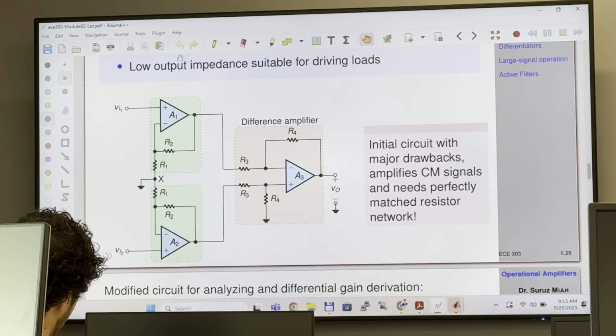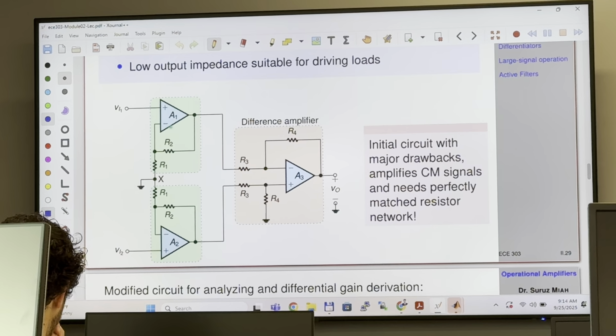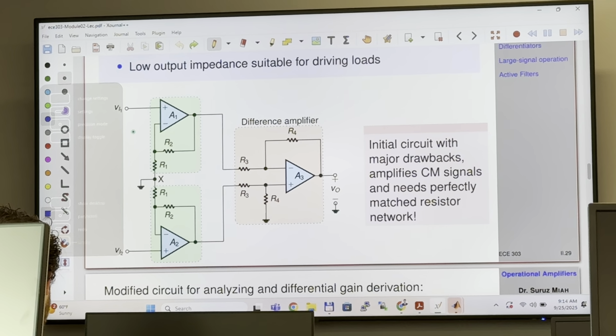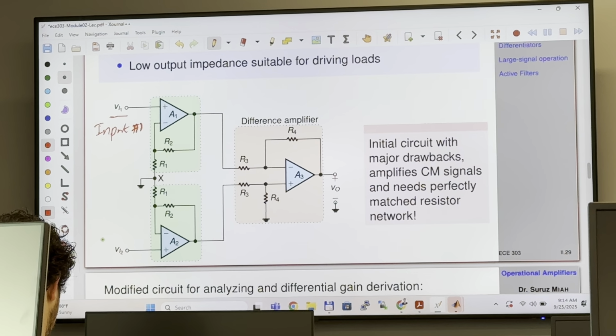So look at this amplifier. In this amplifier, we have one input, so this is our first input, number 1, and this is our input number 2.